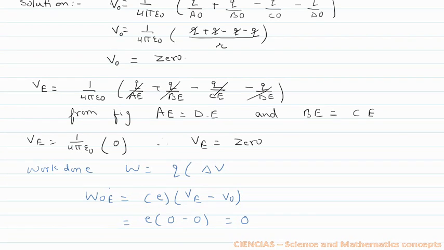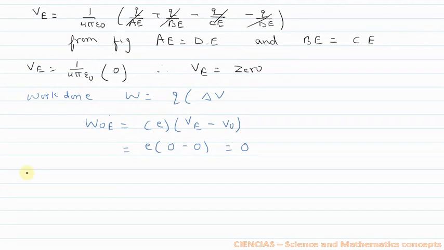Now we find potential at F. Potential at F will be given by 1 upon 4 pi epsilon 0 times q upon AF plus q upon BF minus q upon CF minus q upon DF.